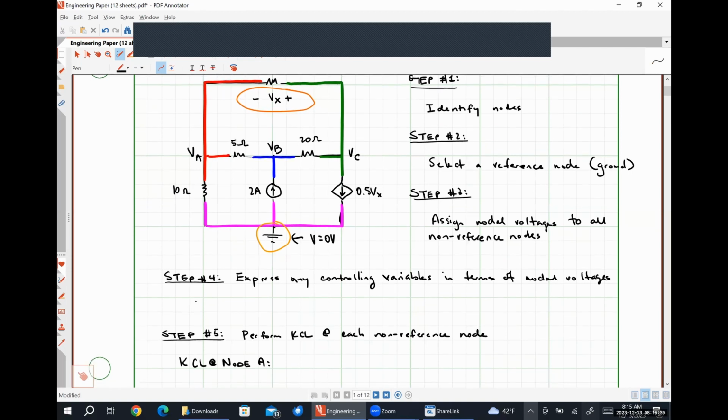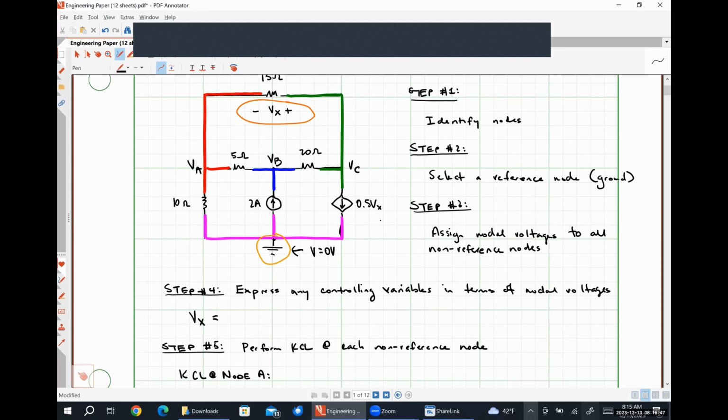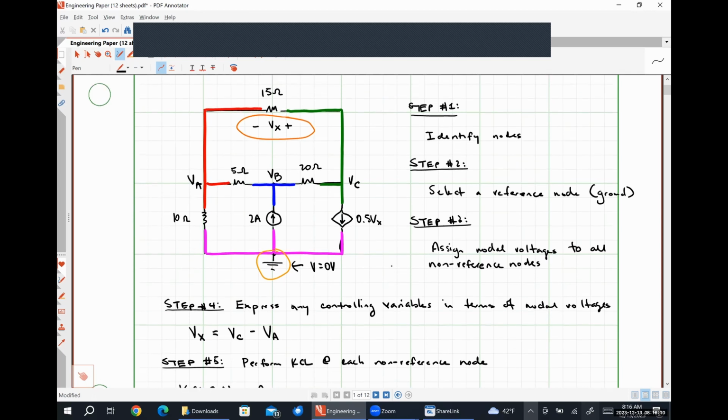So we can express any voltage in a circuit when we're using nodal analysis simply by saying whatever nodal voltage we have at the positive polarity terminal. So what nodal voltage is at the positive polarity terminal of Vx? Vc minus whatever nodal voltage is at the negative polarity terminal of Vx, which is Va. Absolutely right. So our controlling variable Vx is defined to be the potential difference between node C and node A, which is exactly what the terminals tell us. Okay.